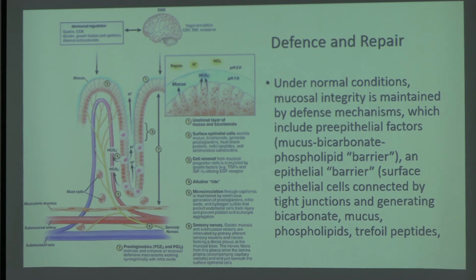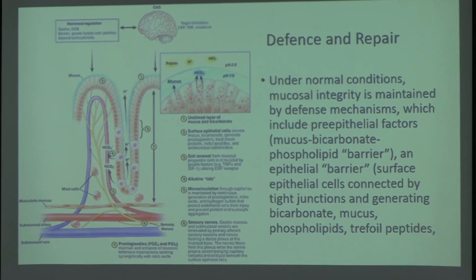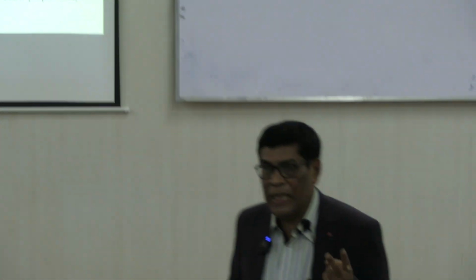And once it is there, you have to take some medications. You should not keep an empty stomach for a long time. Then 2 other factors I told you: one is smoking, another is alcohol. Smoking should be prohibited.